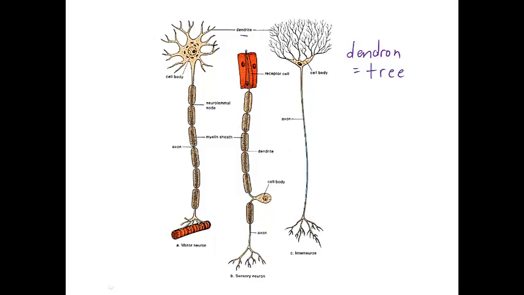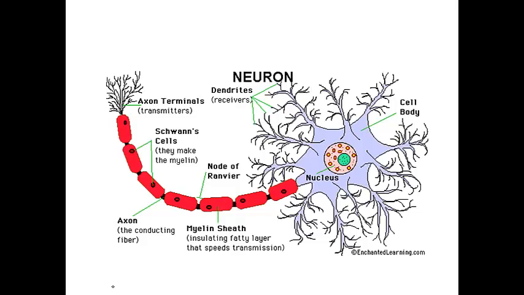In this case, branched many, many times, the interneuron, and that increases the surface area, and it would allow for many, many connections to other neurons. Okay, there's some other differences between these which you'll need to know. We'll talk about that in class.